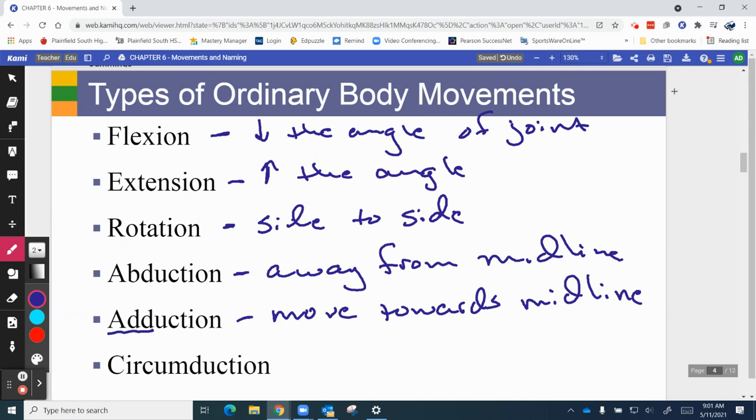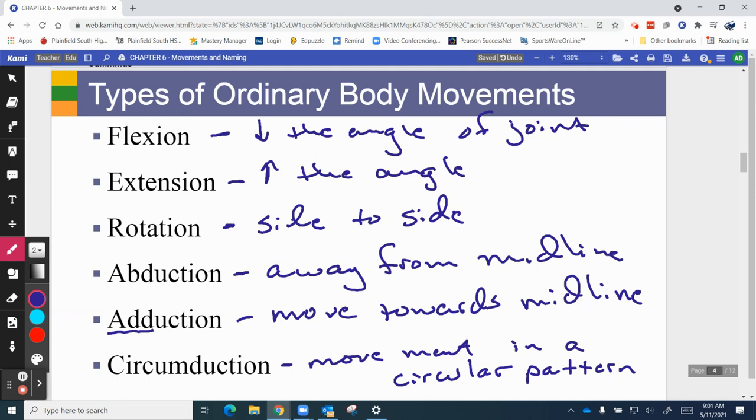Okay, circumduction is most often done at our hips and shoulders. All right, so you can circumduct, you can move in a circle. So circumduction is movement in a circular pattern.